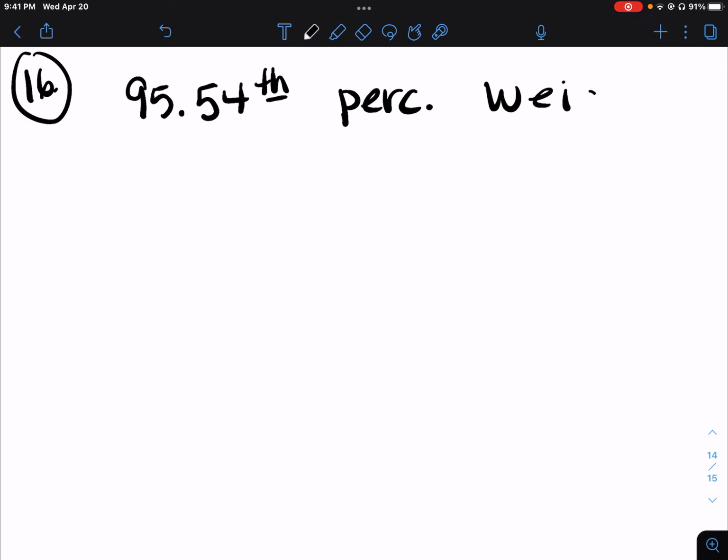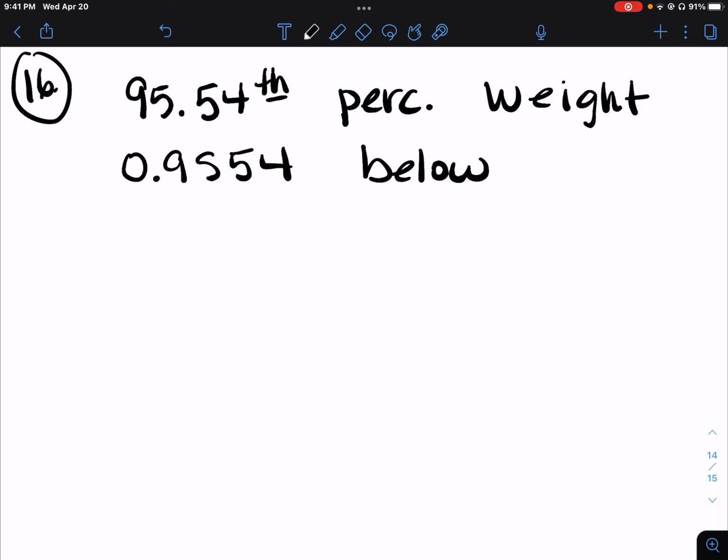Okay, Chase was in the 95.54 percentile for weight, which means 0.9554 below. Percentile always means how much is below.